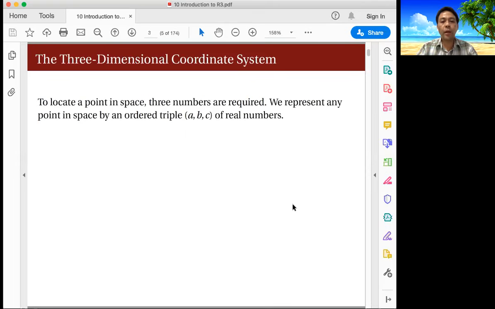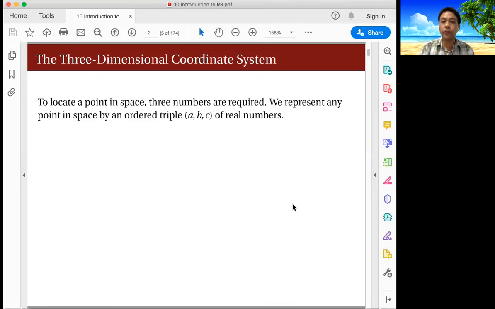Now in the three-dimensional system, this is the system which is more familiar to us because this is the space that we live in. We are living in a three-dimensional space. And to locate a point in 3D space, we need an ordered triple (a, b, c) of real numbers.